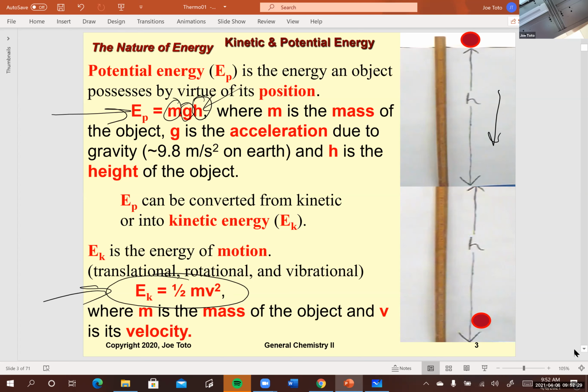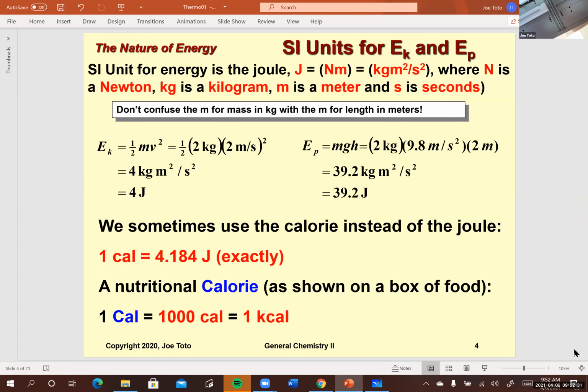All right, so moving right along, this next plate further cements that both of these forms of energy are in fact energy, and they have the same units, which is joules. So I have the kinetic energy equation here.